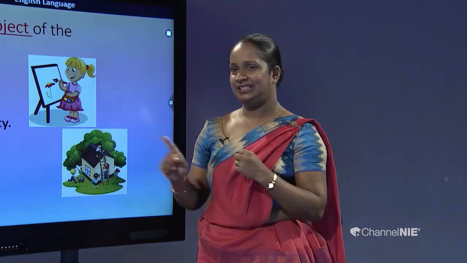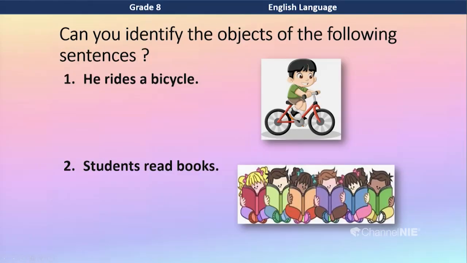I think it's high time to do an activity, isn't it, Miss Chamari? Yes. Of course. Children, I have given you some sentences. See whether you can identify the objects of the following sentences, right? So, the first sentence will be read by Miss Chamari. He rides a bicycle.